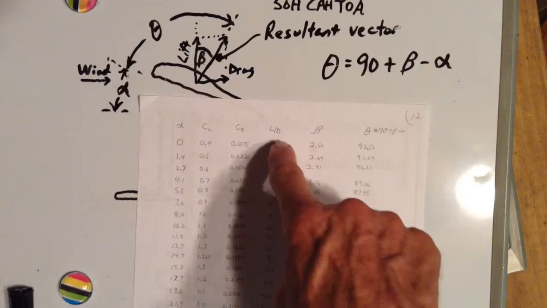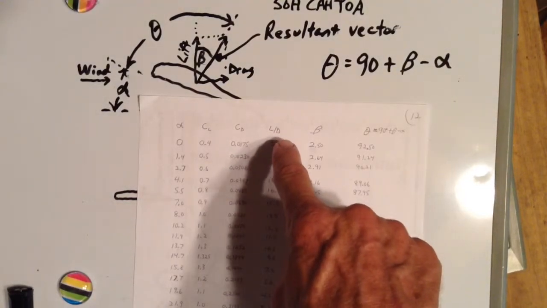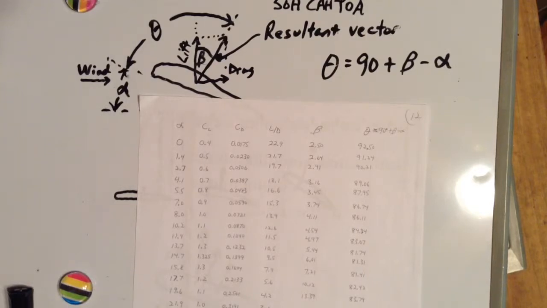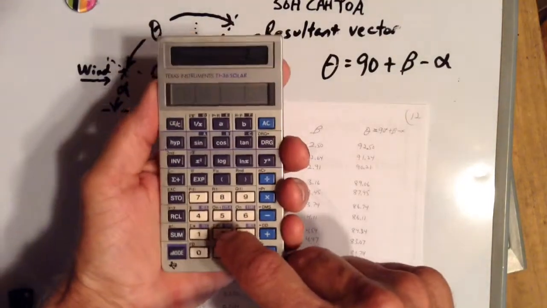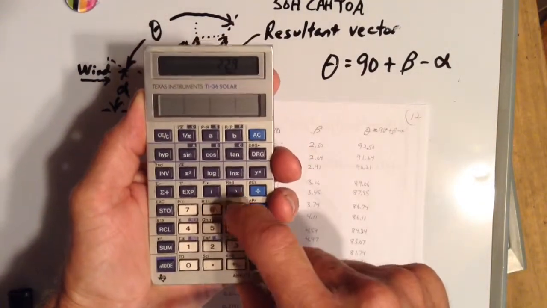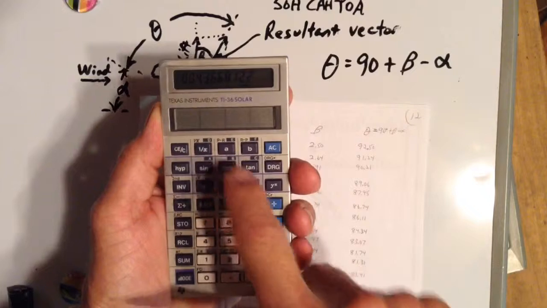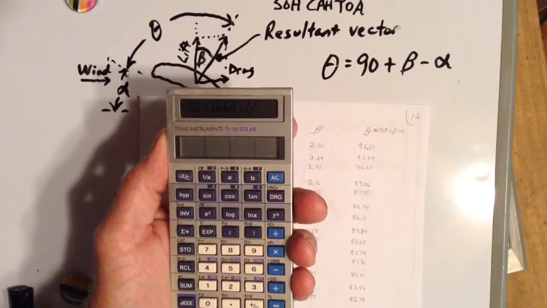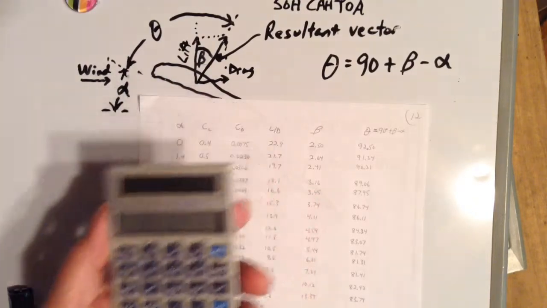But we could just take the reciprocal of our lift over drag, because the tangent of angle beta is equal to drag over lift. So if we take our 22.9 here and hit our 1 over x to see what 1 over 22.9 is, it's 0.043668122.